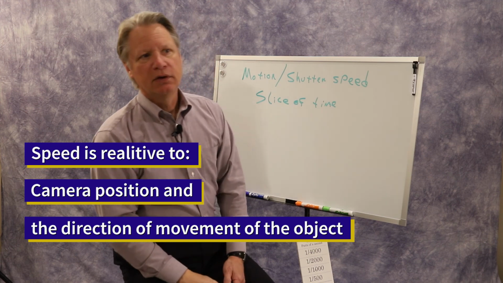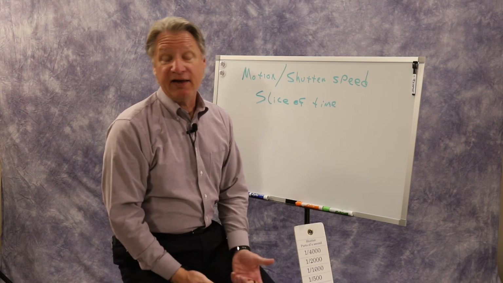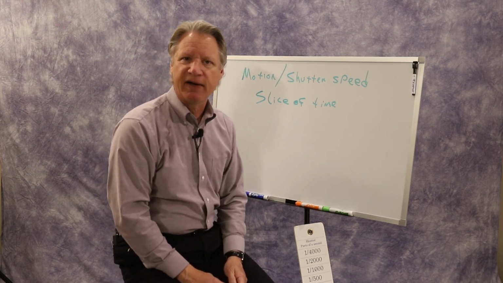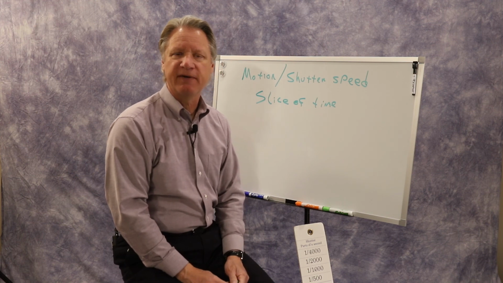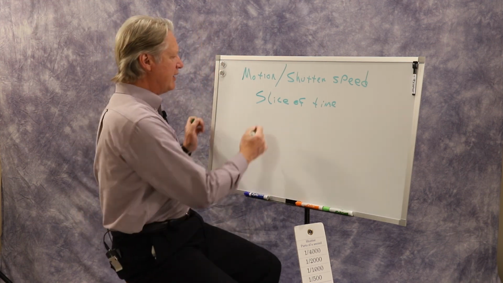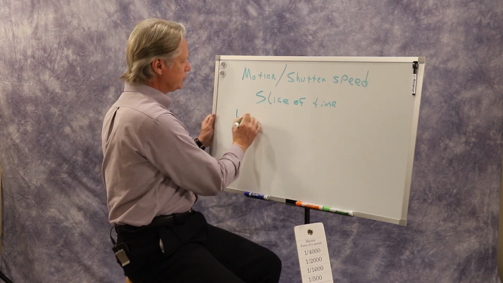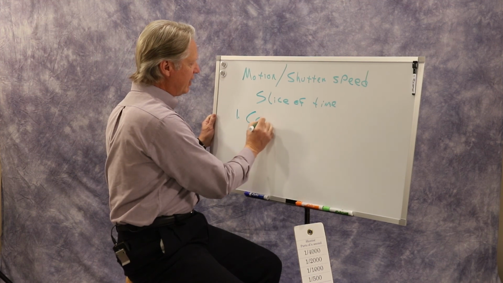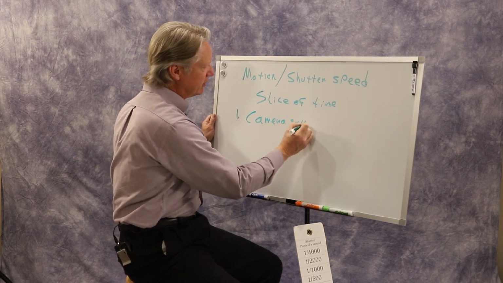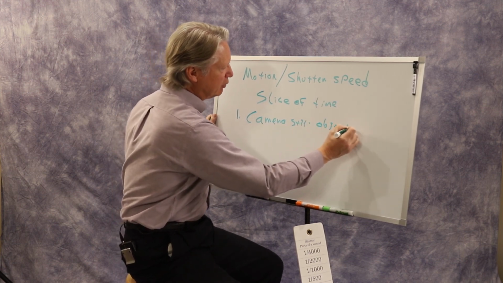Okay. So choosing the slice of time can be a lot of fun, and we'll show you a bunch of pictures in this module, this section on shutter speed. But we really can look at kind of three different areas, right? So we look at camera still, object moving.